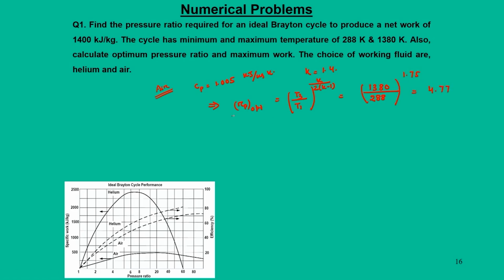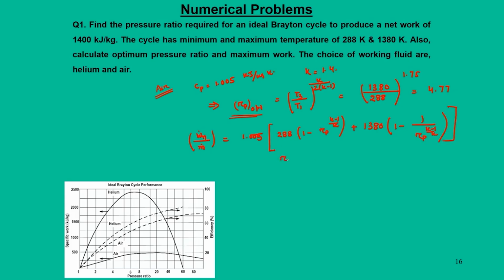Now, at this optimum pressure ratio, we can find out W dot n by m dot, which is equal to 1.005 into 288 into 1 minus Rp to the power k minus 1 by k, plus 1380 into 1 minus 1 by Rp to the power k minus 1 by k.